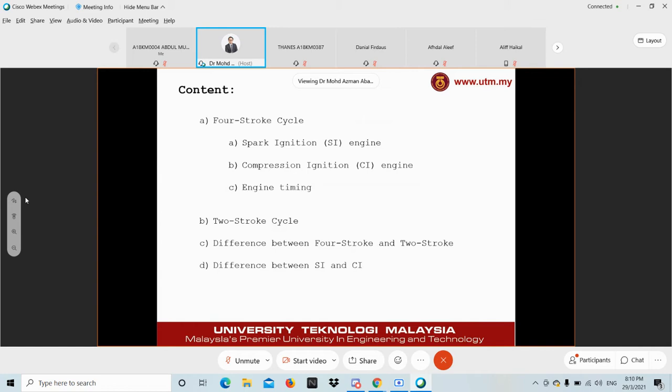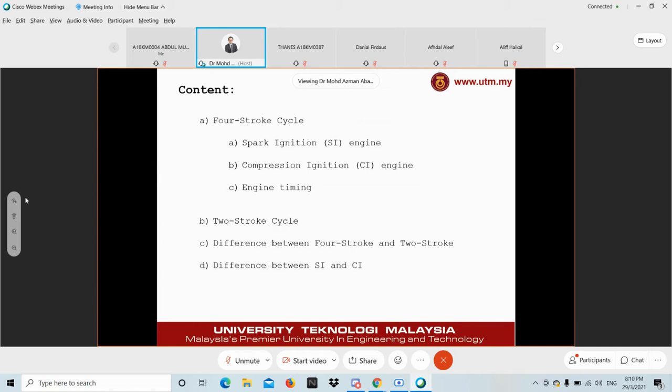In layman's terms, people call SI the gasoline or petrol engine, and CI the diesel engine. But in engineering terms, we call them SI engine and CI engine.